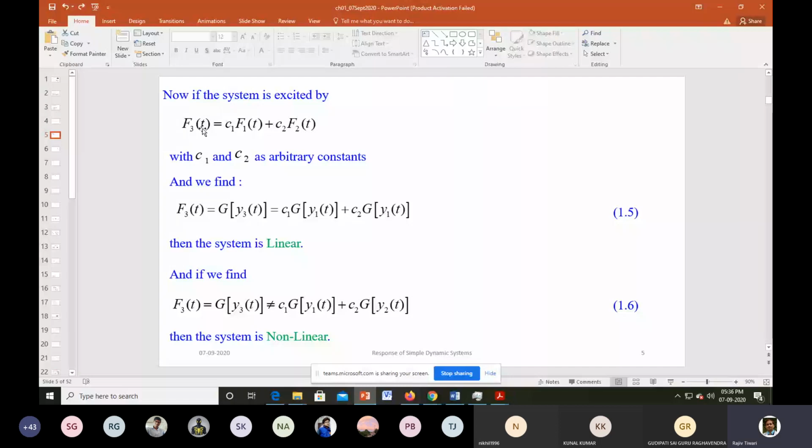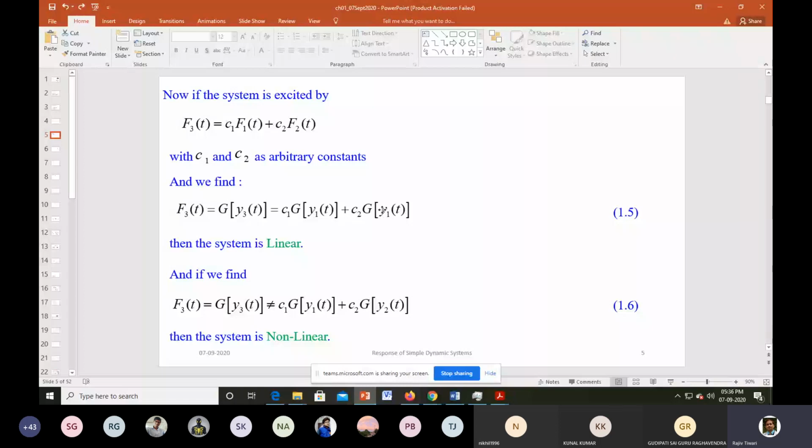If we apply this third force to that particular system, we will get, let us say, a y3 displacement. If this y3 displacement comes out to be the summation of the first displacement multiplied by that particular constant and the second displacement, this should be y. I can do it online itself.